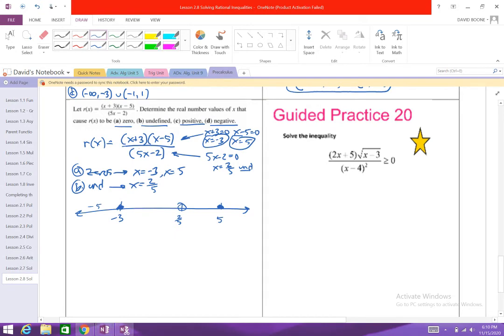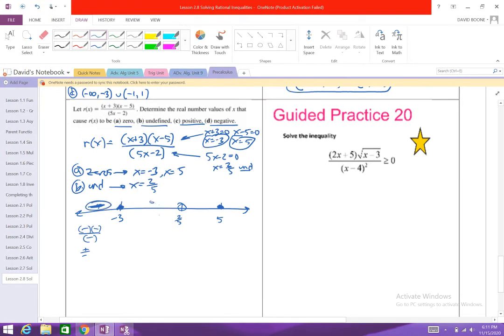Negative 5 plus 3, that's a negative number. Negative 5 minus 5, well, that's negative 10, that's a negative number. And then here, negative 5 times 5 would be negative 25, minus 2 would be negative 27, that's a negative number as well. So negative times negative is a positive, over a negative, which will make this all negative.